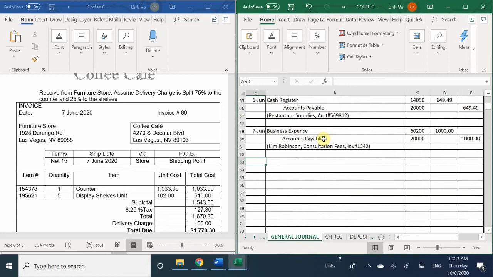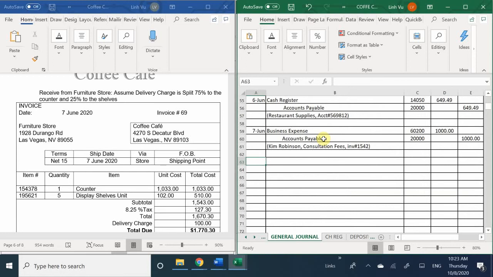Again, because it's based on weight, if you're not given the specifics on how to distribute the freight, you can do other options on how you want to distribute it. As the accountant, I say that you should distribute it as I say here, 75% to the counter, 25% to the shelves. Other ways that you can do it is by price.